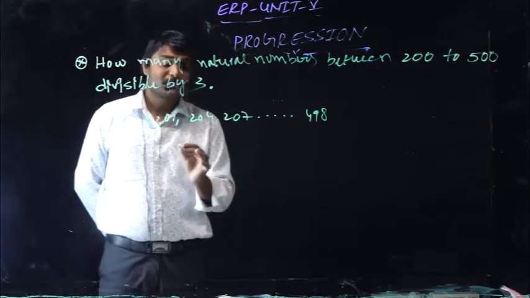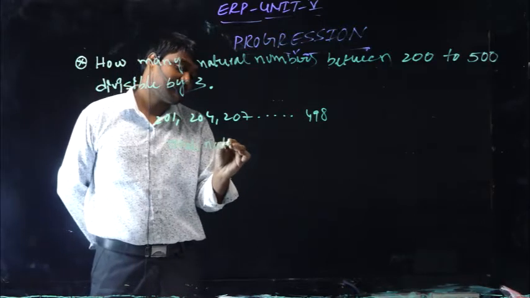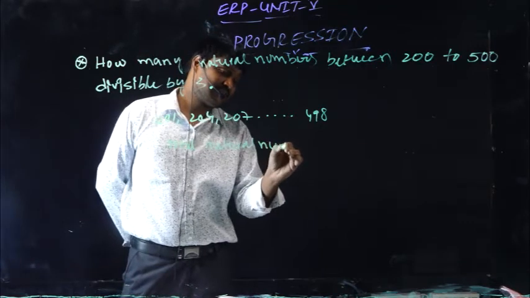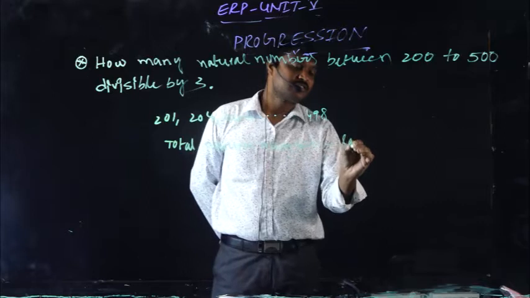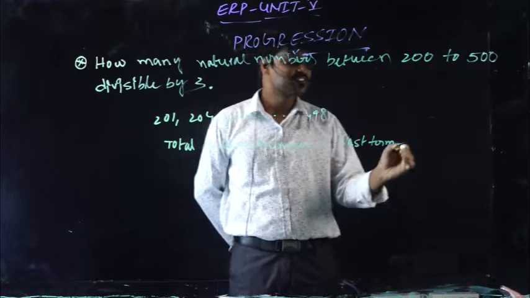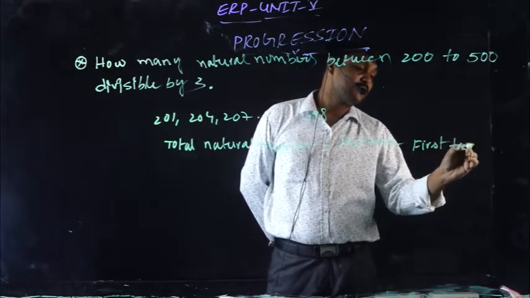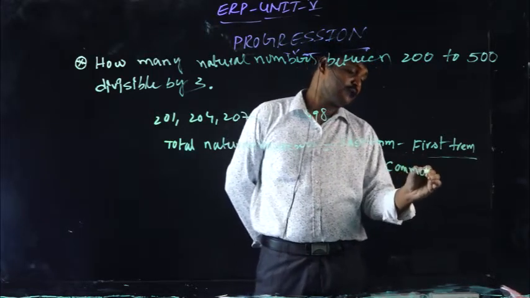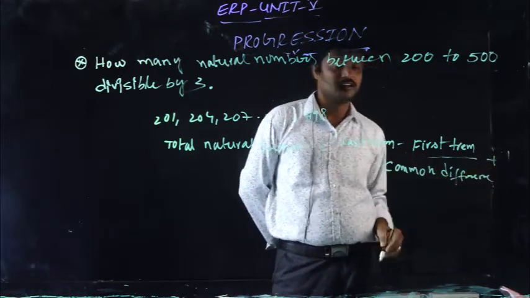So here if we want the total natural numbers divisible by 3, it is last term minus first term by common difference plus 1.